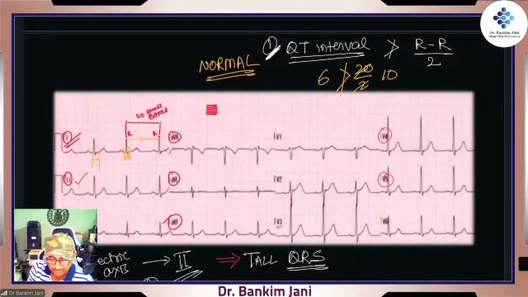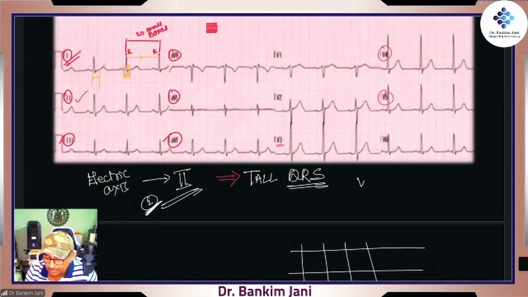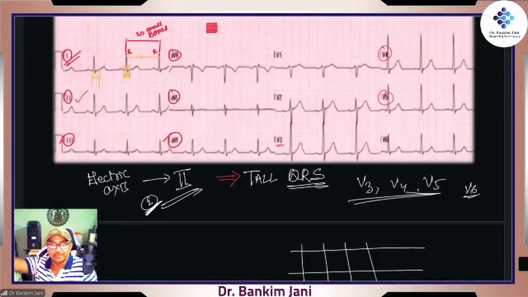And V3 is enlarged in this case, and this is also normal because V3 was just at the border. From the exam perspective, take it like this: you will get tall QRS in V3, V4, V5.